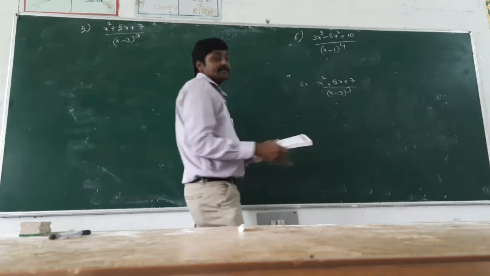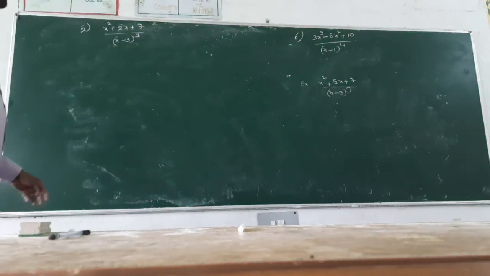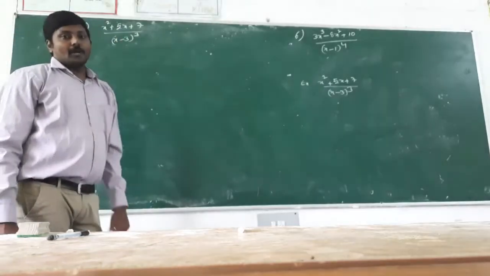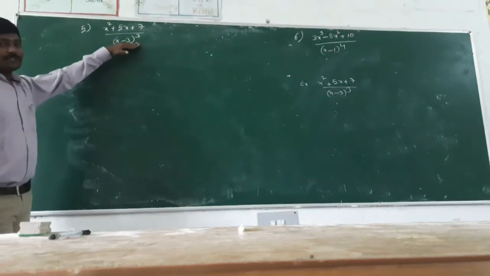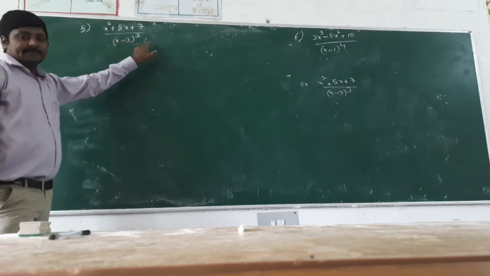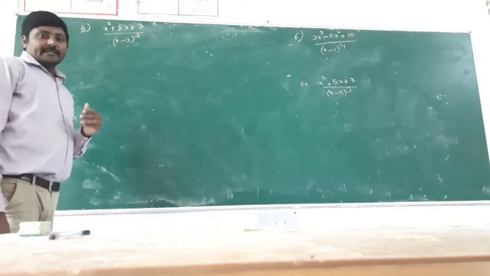These three problems use the same method. These three problems are proper fractions, and the g of x polynomial, the denominator polynomial (x minus 3) whole cube, contains repeated linear factors.